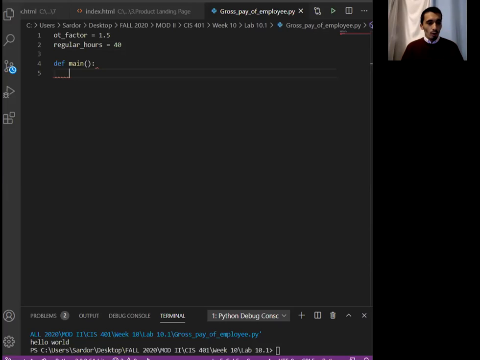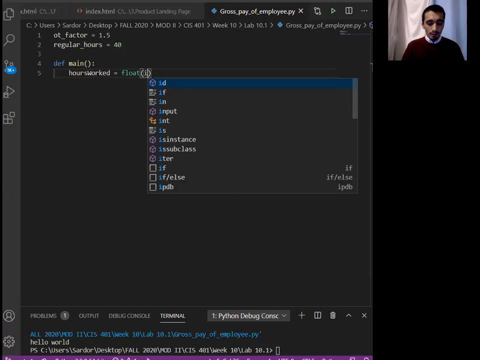So we go back to the code and we write hours worked. We put it in float, in case they worked half an hour more instead of a full hour. For that, we need to add float, and ask the user for an input.